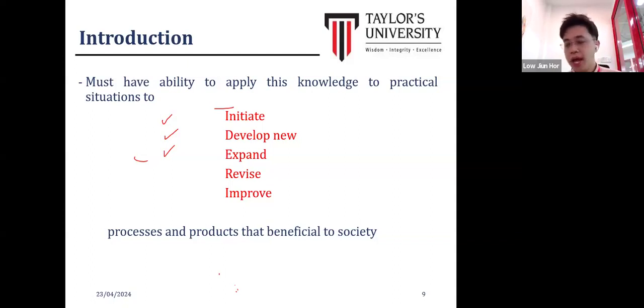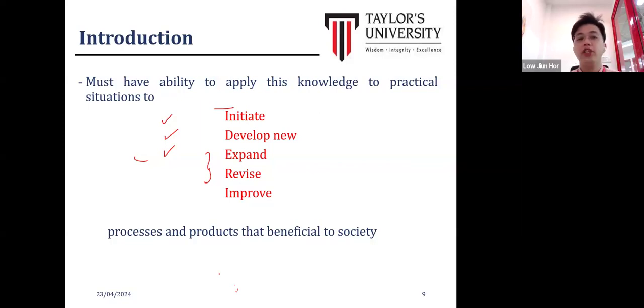And also, in some of the industry, they already have their own chemical plant, but maybe they think their chemical plant can be further improved, either to make it more eco-friendly, or to further increase the efficiency, to improve the amount of the product that can actually be produced by using the existing chemical plant.